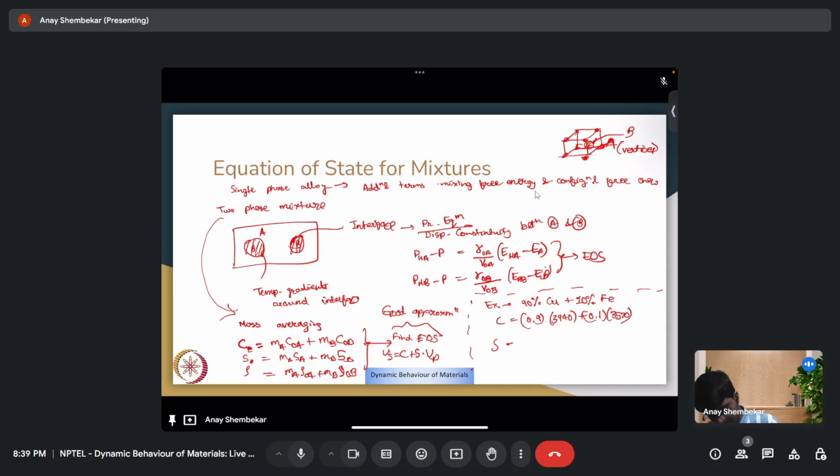Similarly, my S would be 0.9 times 1.49 plus 0.1 times 1.9. So with a simple mass averaging we can get an estimate for the speed of sound and the coefficient in the Hugoniot equation.